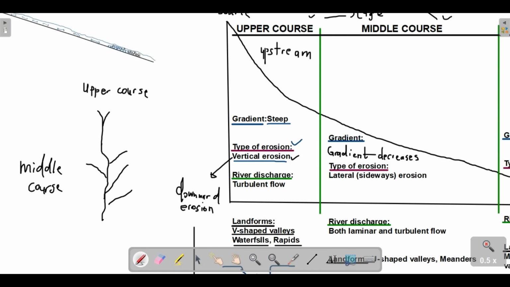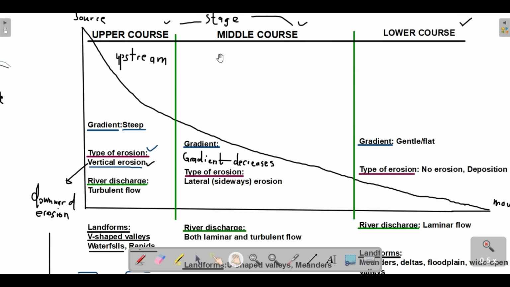This means that the volume of water increases from the upper course going towards the middle course, because now more streams, or more tributaries, join the main river channel, and hence a higher volume of water results. So there's so much water that flows here in the middle course.